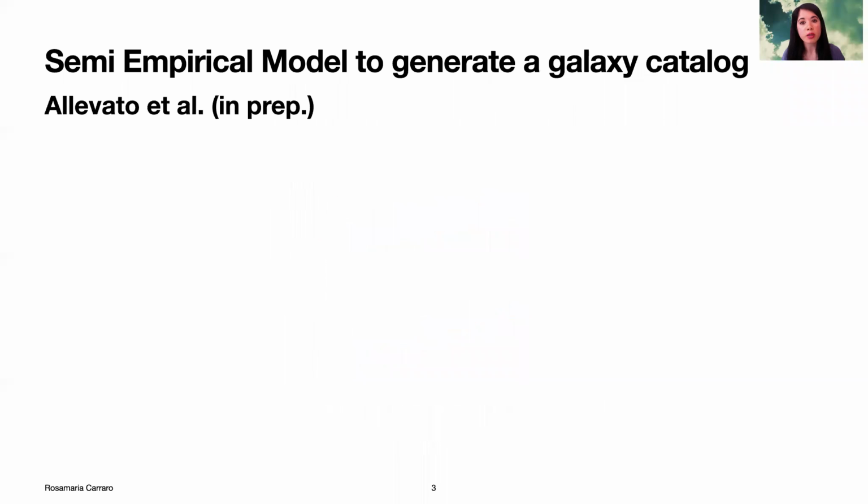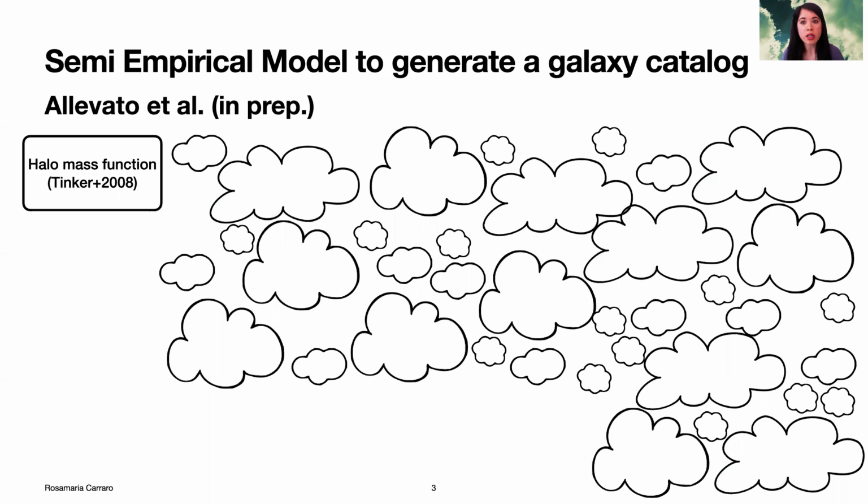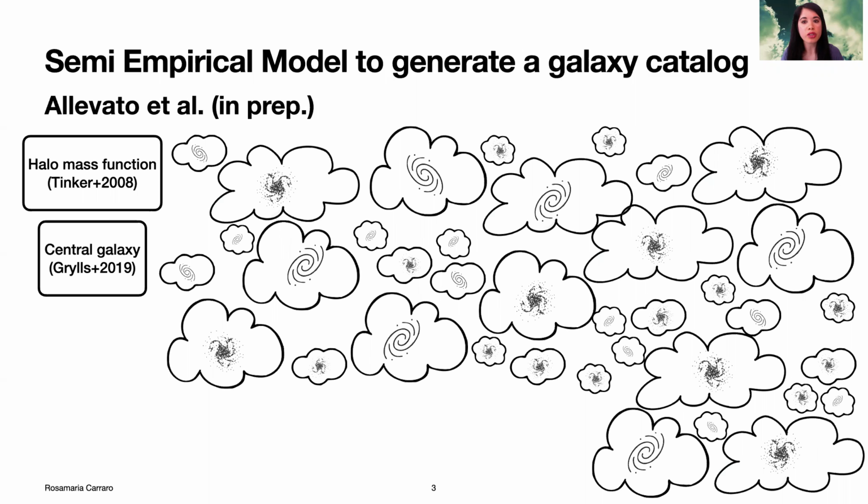Our semi-empirical model allows us to generate a catalog of galaxies so that we can perform a statistical study that can be compared with our observational results. We start by generating dark matter halos with a halo mass function. Then, through abundance matching, we assign a central galaxy to each halo.